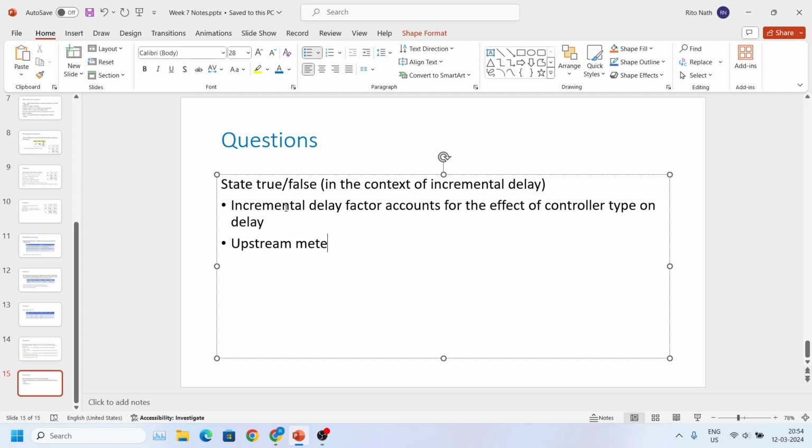Upstream metering adjustment factor is 1 for all coordinated intersections.